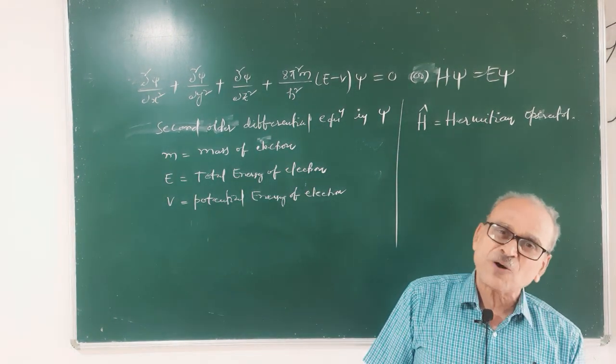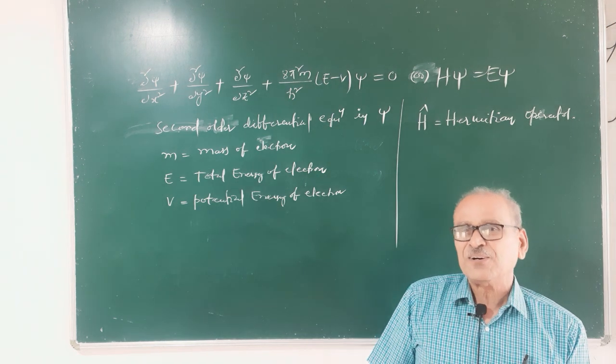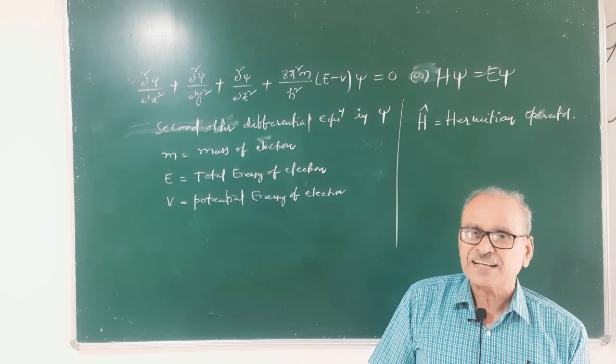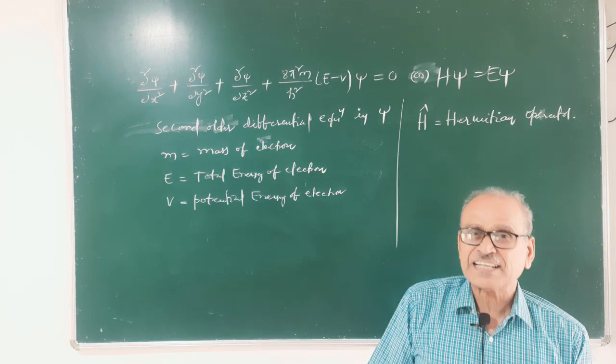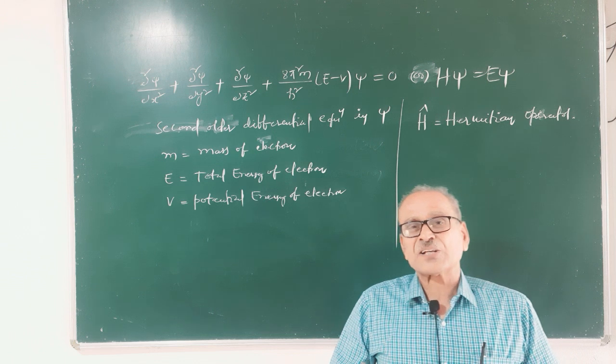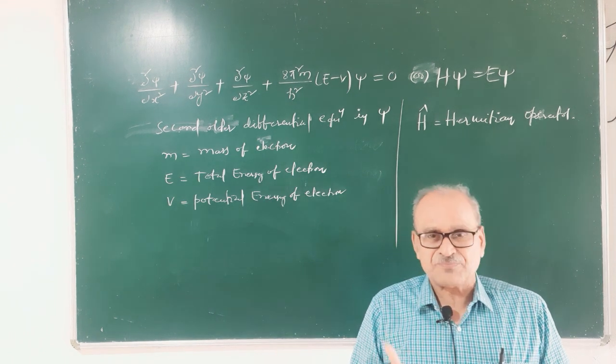In polar coordinates, we have r, theta and phi. r represents radial distance, and theta and phi represent the angles of electron rotation inside an atom.